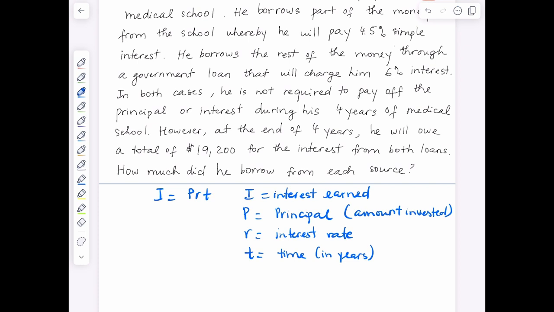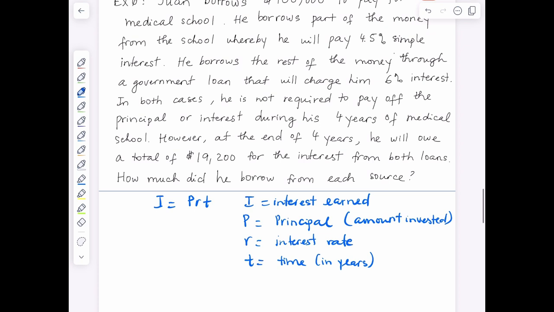And that amount that they make is called the interest earned. In this case, it'll be the interest that Juan has to pay from the loans. So I'm going to add interest earned or owed.